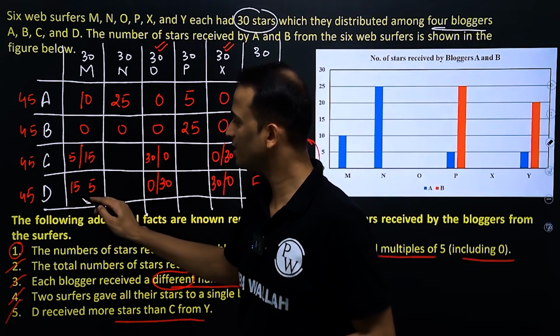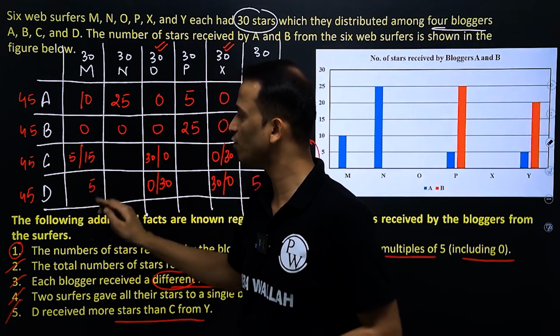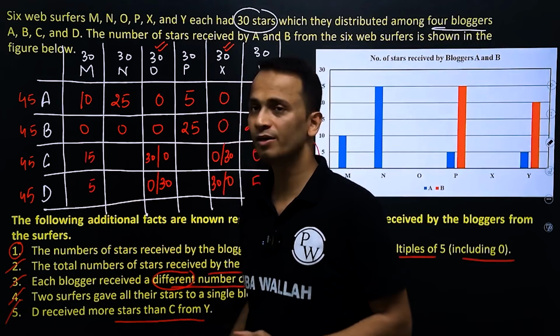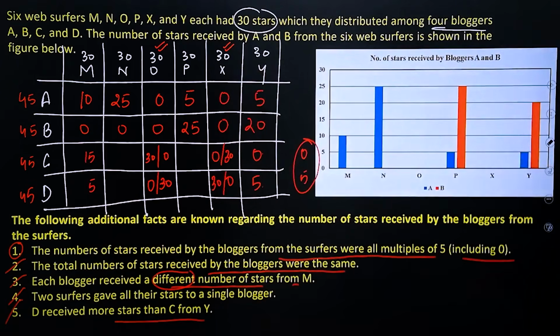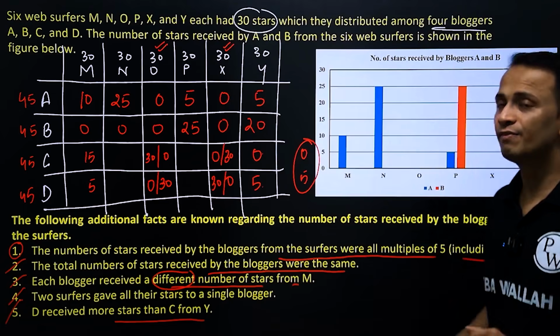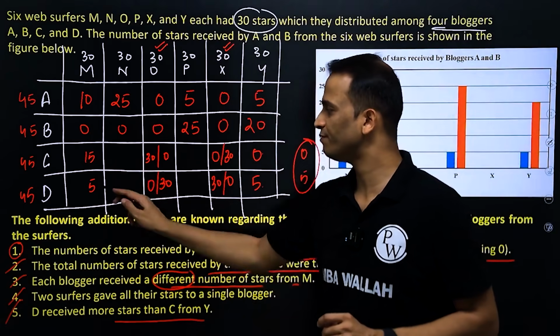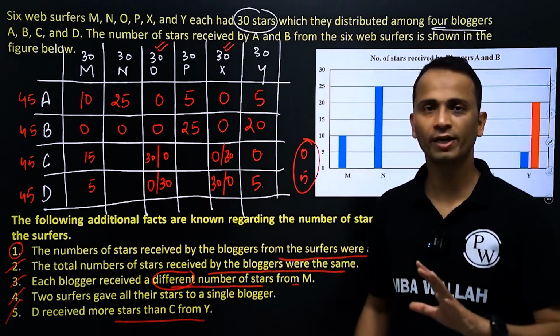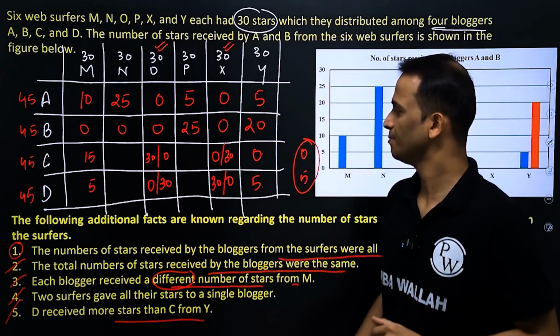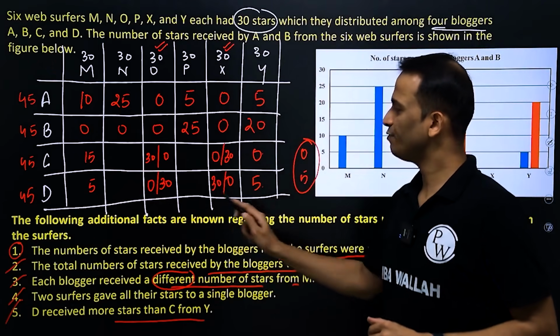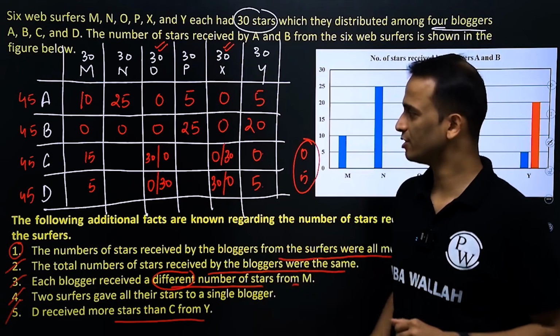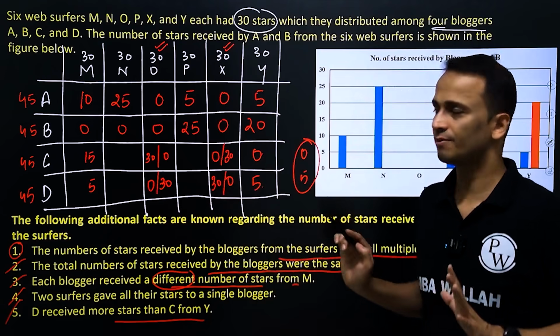So that means I'll remove 15 from here and I'll remove 5 from here. So M has given 15 stars to C and 5 stars to D. All right. Perfect. Great. Now 5 and 5 and 30, that is 40 stars, so another 5 can come here.